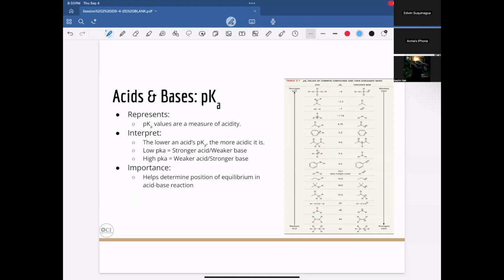But always know the lower the pKa, the more acidic. If it's a more acidic molecule, that also means it's going to be less basic. Those are kind of the same thing. On the other side, if we have a high pKa, that means we have a weak acid and a strong base. This is really important in knowing where our equilibrium is going to land in an acid-base reaction, whether we're going to favor products or reactants.